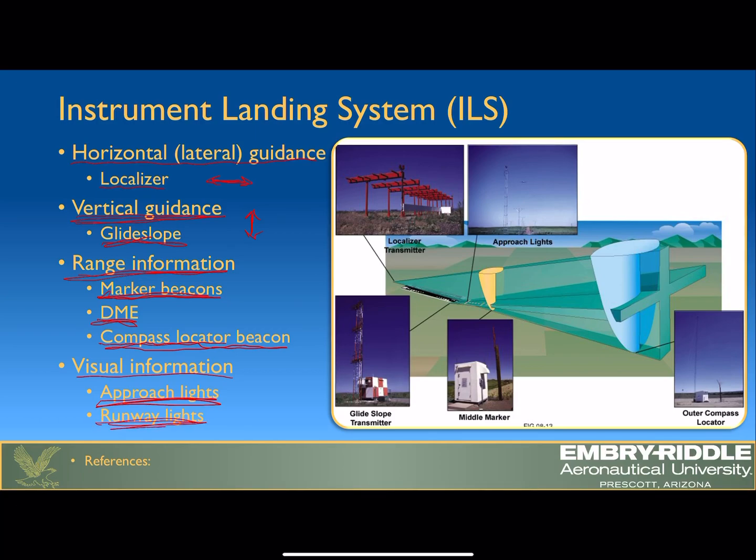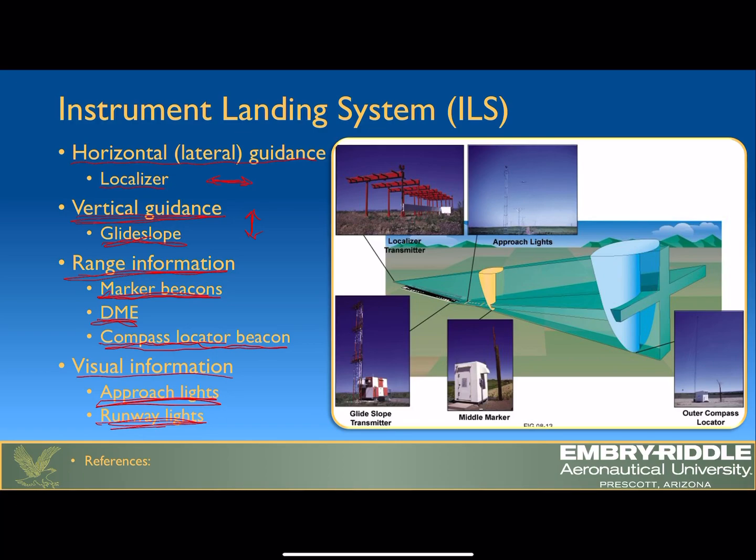You've probably touched on this a little bit in your private pilot course. You might remember looking in the chart supplement at the different lighting that a runway provides, and you might have noticed tons of acronyms, a lot of them confusing, but those were describing the different types of lighting systems we have.